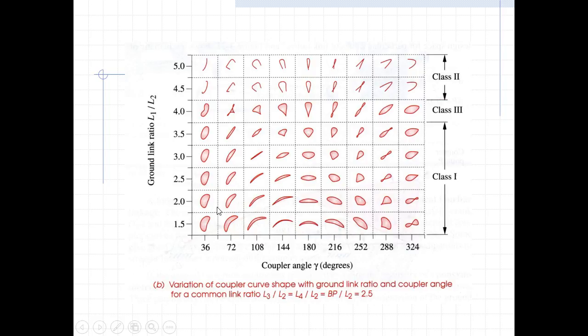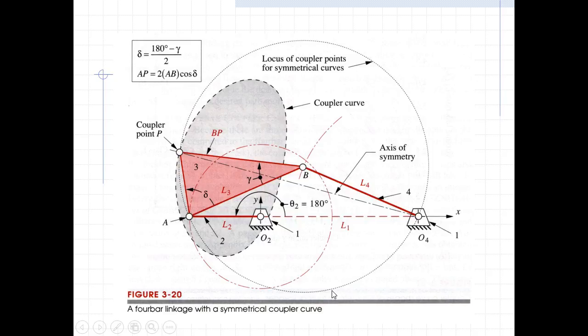If that crank has a length of 2 inches, then our coupler will have a length of 2.5 times 2, or 5 inches, and the coupler will be the same as our rocker, which would also be the same as BP. Let's go back and take a look. BP is that length that goes from where the coupler and rocker meet all the way out to our coupler point P.